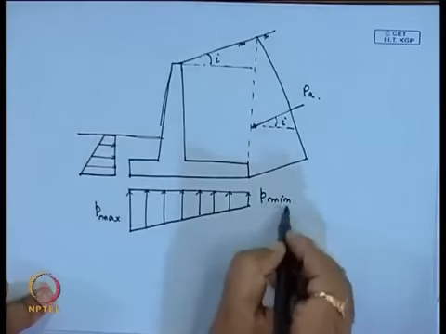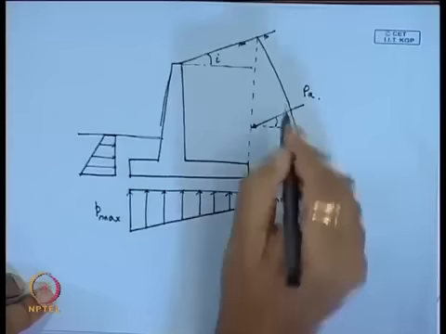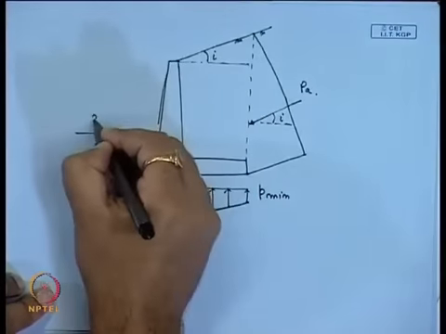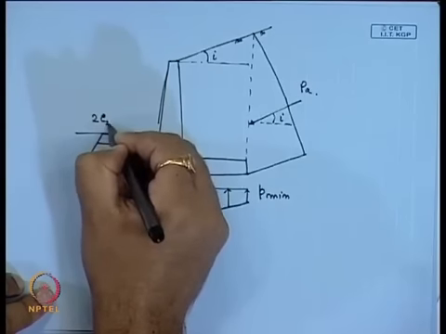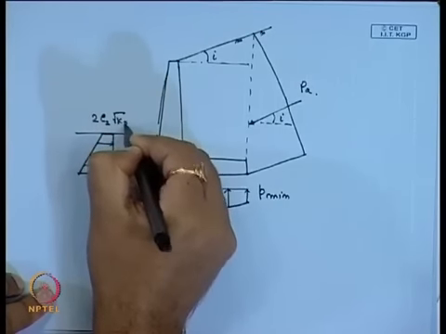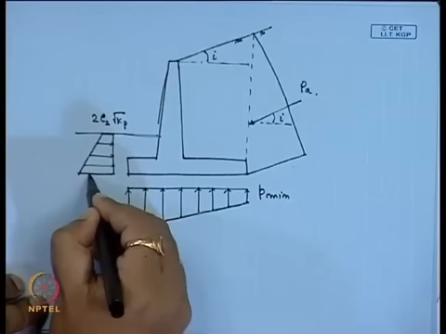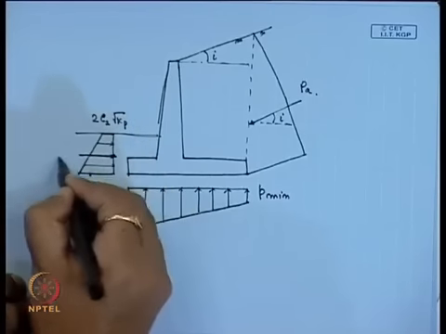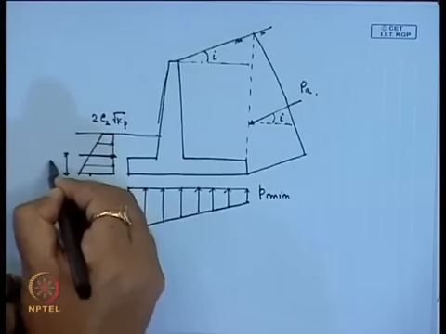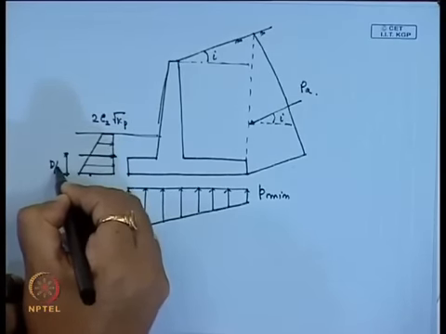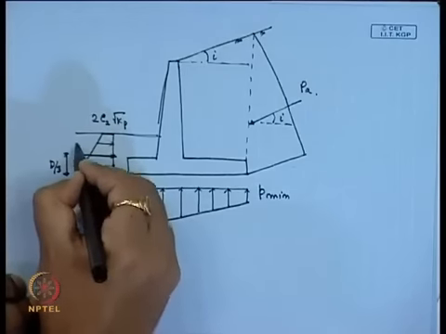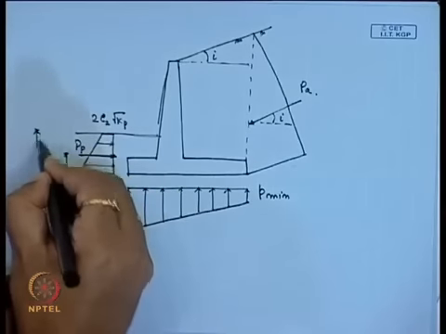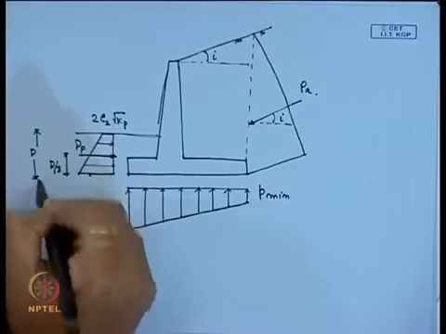Now, to calculate the weight, for this top portion, this will give us 2 C 2 root K P, and for this bottom portion, P P 1 will act at a distance of d by 3. This is P P, if this distance is d.